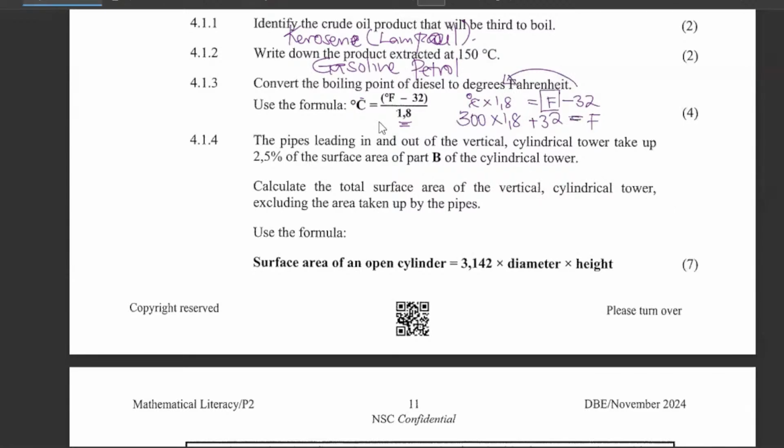So here we end up having 572 degrees Fahrenheit.